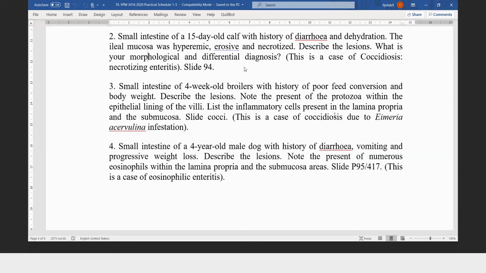But when you are asked for a differential diagnosis, you have to be very careful and read the information given to you very clearly. For example, in this case, I will give an example: one cause of enteritis in a dog, one in a chicken, another in cattle or calf, ruminants. Yeah? So the history of the animal is important. Because, for example, we talk about Eimeria zuernii, you don't expect to see it in dogs.